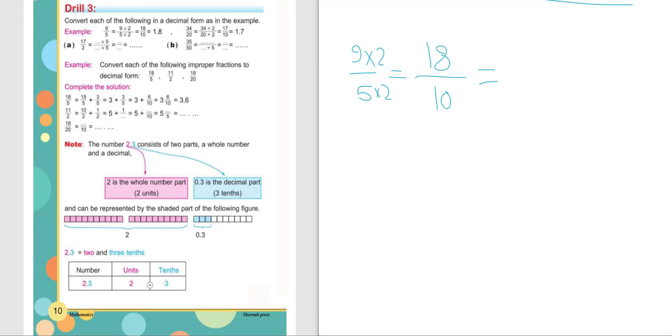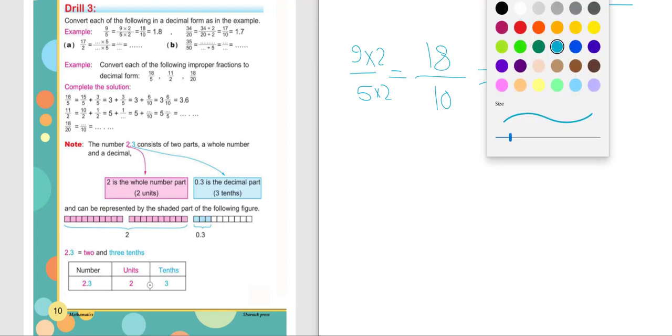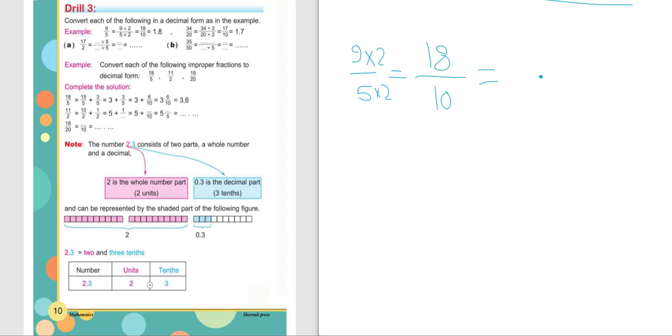Now, here we have in the numerator 2 digits. What I will do, first I will put the decimal point. Then we always start from right. Here we have how many 0?